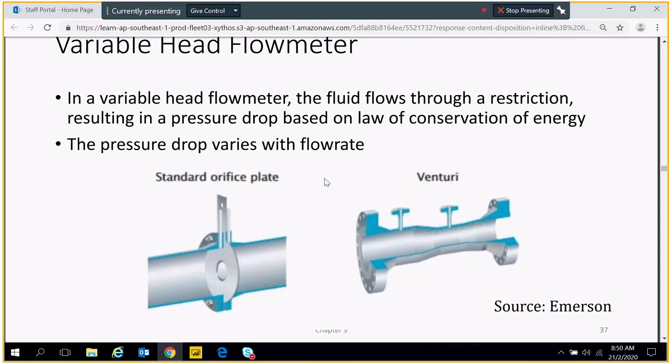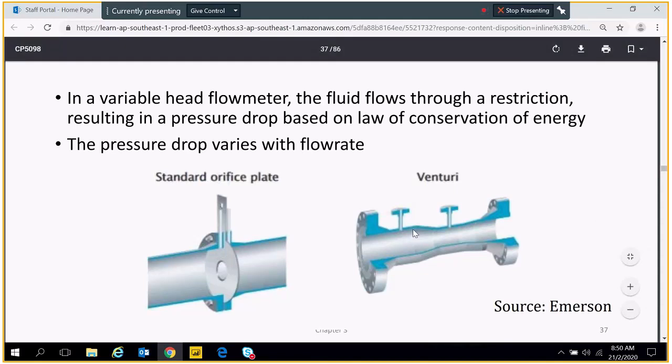High pressure connects to the high pressure side of the differential pressure cell, DP cell. Low pressure connects to the low side of the DP cell. The DP cell has a pressure sensor. The pressure sensor will sense the delta P, P1 minus P2. And this delta P is converted into a standard signal, such as 4 to 20 milliampere. So 4 to 20 milliampere is the output of the DP cell. But the DP cell is not shown in your notes.